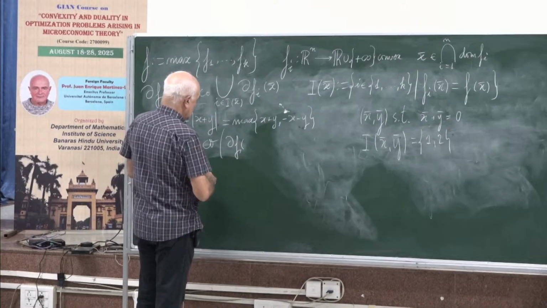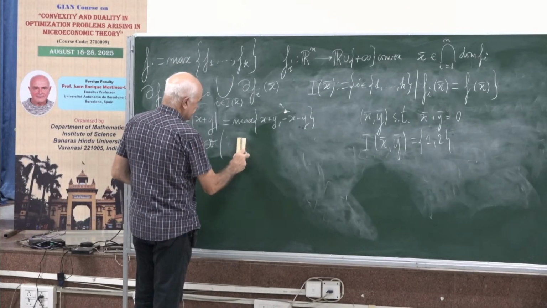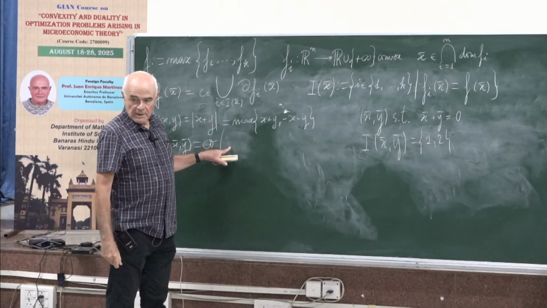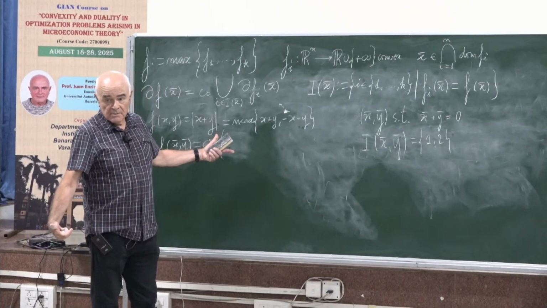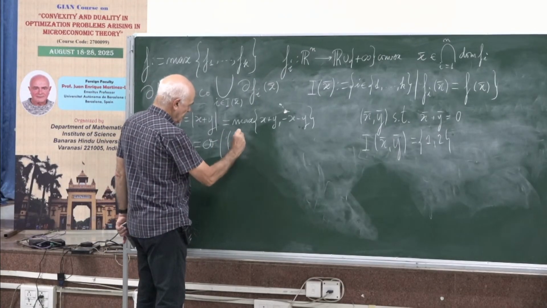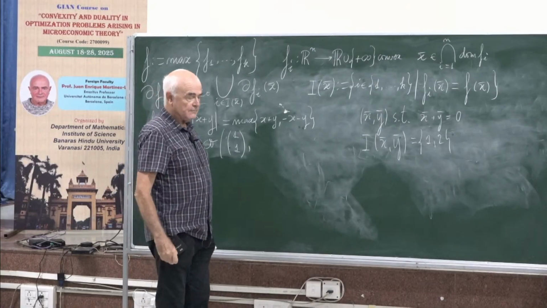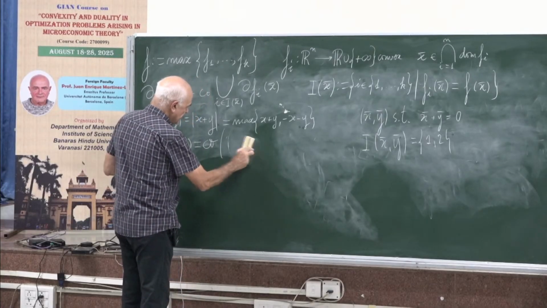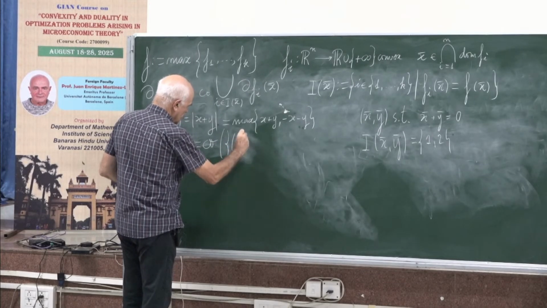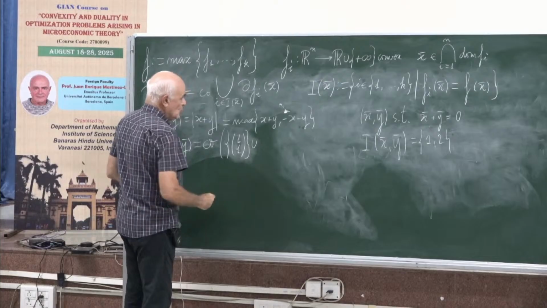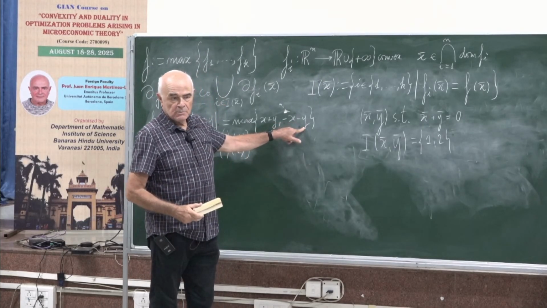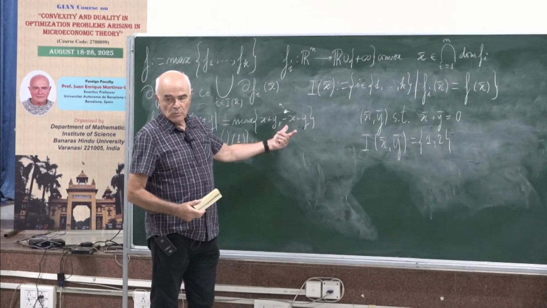And what is f_1? x plus y, which is (1, 1), because it's differentiable. Union, you can write it like this. Union, the subdifferential of the second function, which is the singleton of (minus 1, minus 1).